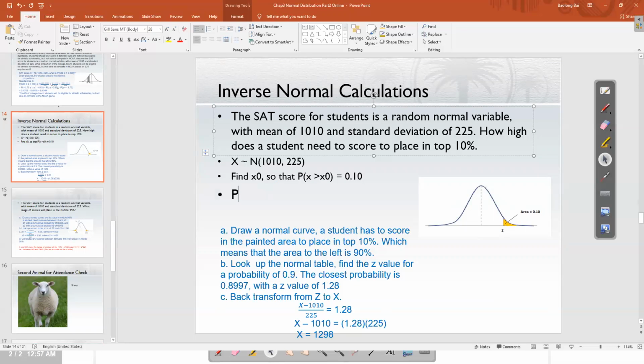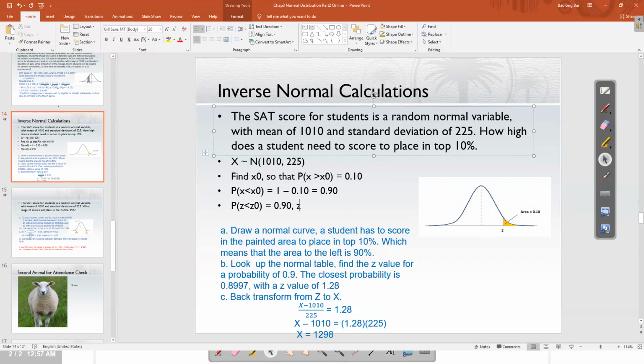So once you realize that, then the rest is simple. With a greater than sign, we can't look up in the Z table, so we want to convert it to a smaller than sign. That'll be 1 minus 0.10, which is 0.9. Then the X event can always be standardized into a Z event with the same probability.